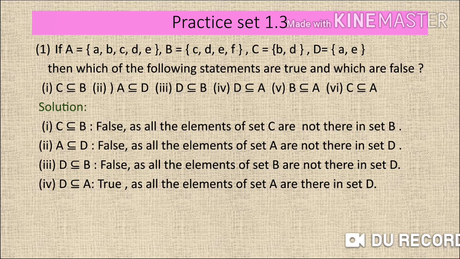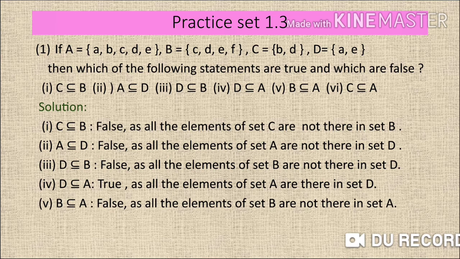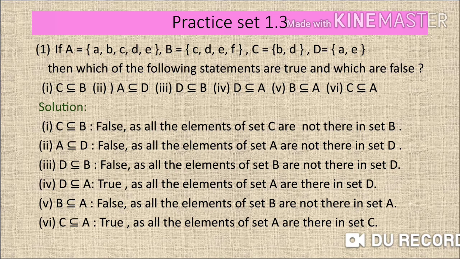Fifth, B subset of A. Again this is false as all the elements of set B are not there in set A. Sixth one, C subset of A. This is true as all the elements of C are there in set A.